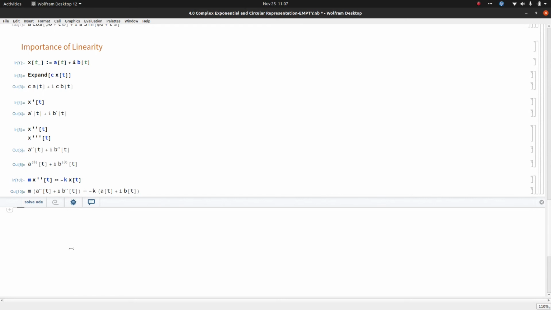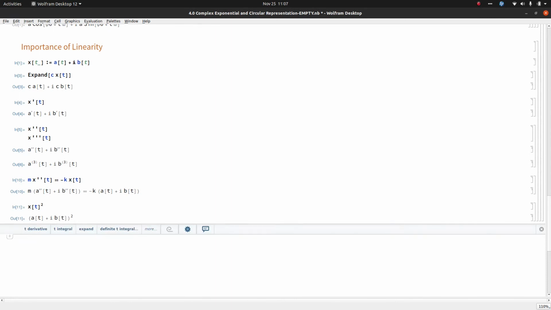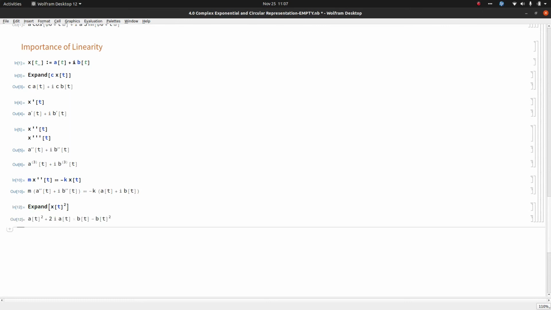So if I graph f equals minus kx, I get a straight line. If I were to put an x squared in there, I would no longer get a straight line. Which means the real part A and the imaginary part B start to mix. So if I expand this, you can see I've got, well, this is real.